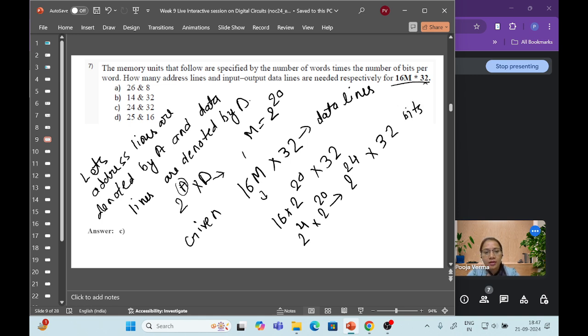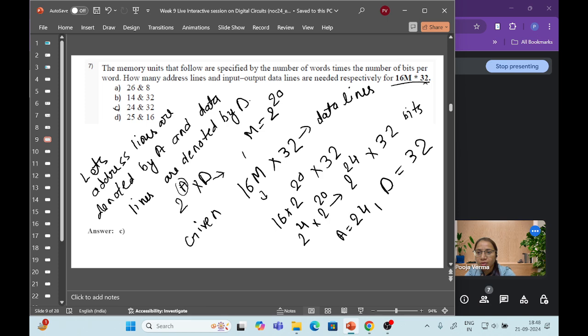Right? So we have got it in this format: A is 24 and D is equal to 32. So we have got the number of address lines and the number of data lines. A is equal to 24 and D is equal to 32.